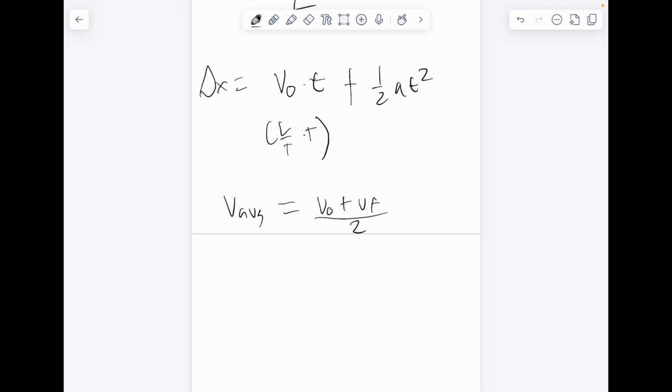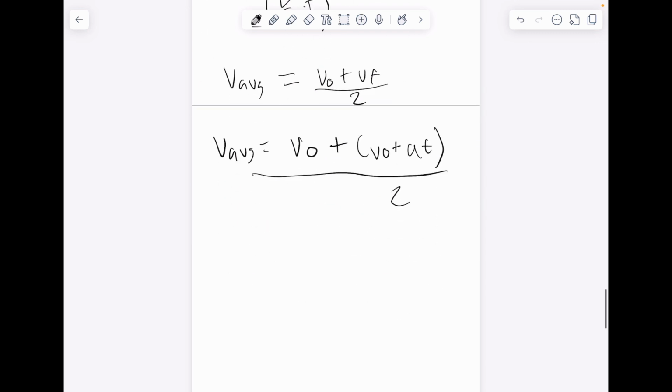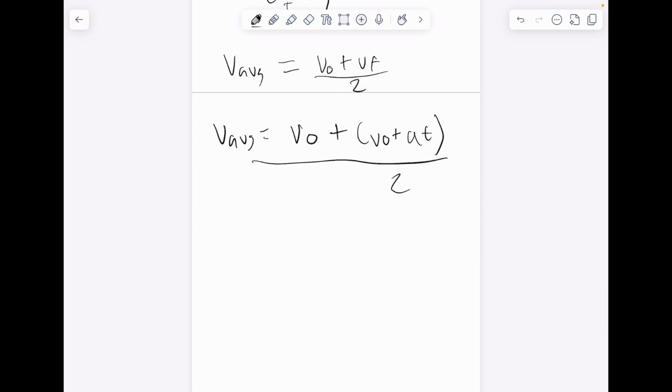Now, if I want to find what VF is, since we know what the formula for VF is, we can write this as V average equal to VO plus VO plus AT over 2. And then from here, I'm just not going to write V average, I'm just going to write this formula. You get 2VO plus AT over 2. And then if you simplify this, you get VO plus 1/2 AT.